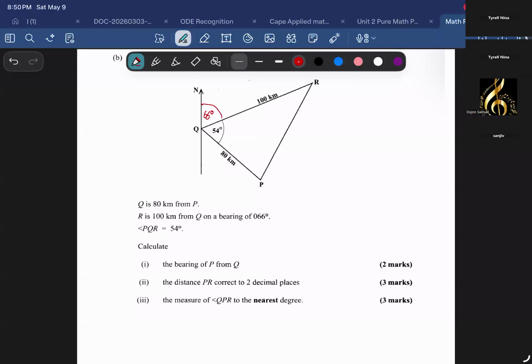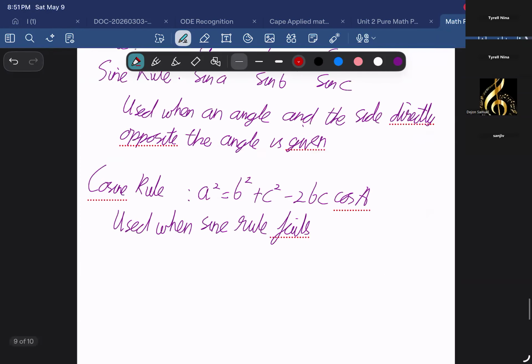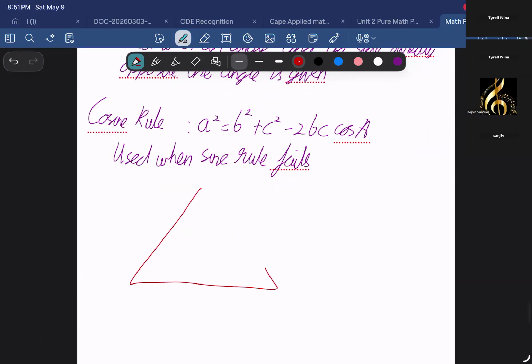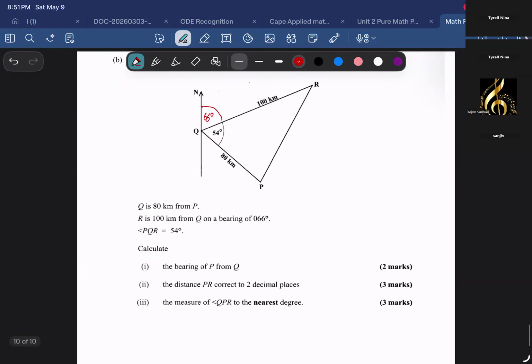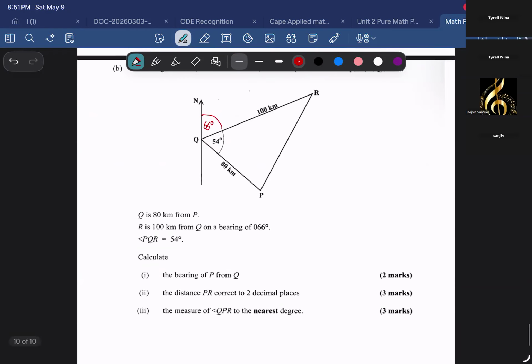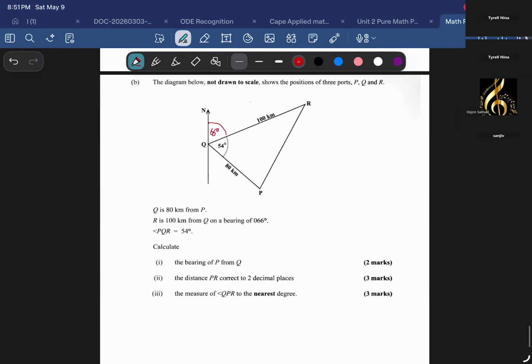So immediately I said, okay, let's set it up. I should also draw this for you all, right? A, B, C. See how I don't have a side and the angle directly opposite? That means immediately I'm using the cosine rule.